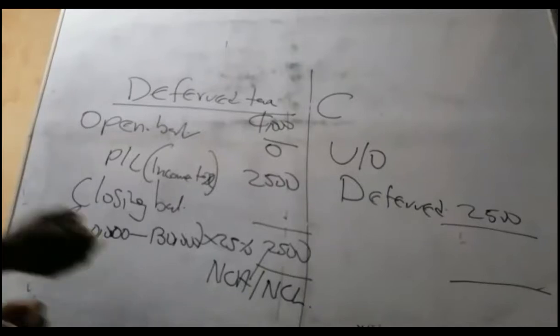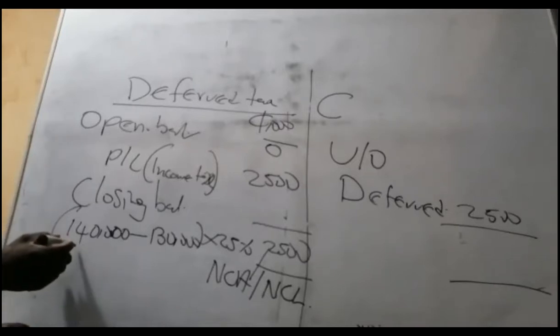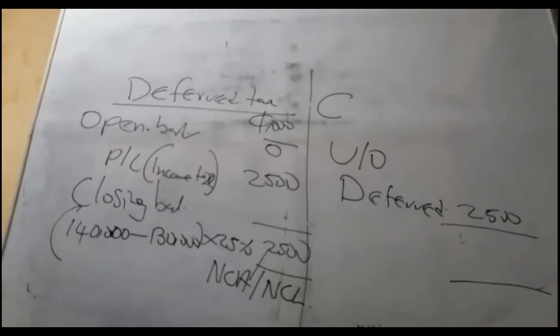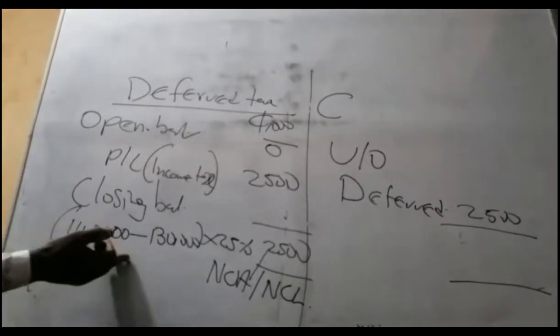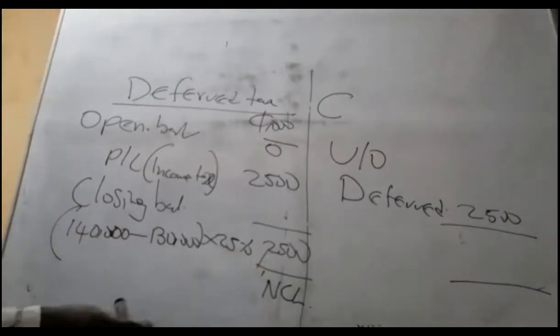So here, will it be taxable or deductible? Taxable, why? Because the accounting base is more than the tax base. So therefore it is taxable, which is a non-current liability.